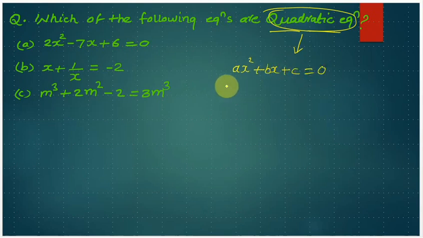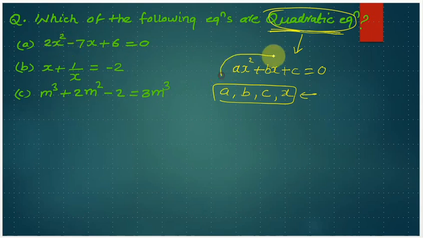In this equation, there are four terms a, b, c and x. There are four terms in this equation, so it is called a quadratic equation. Quadra means 4. Now, if the equation is in the form of ax square plus bx plus c is equal to 0, then this equation is said to be a quadratic equation.